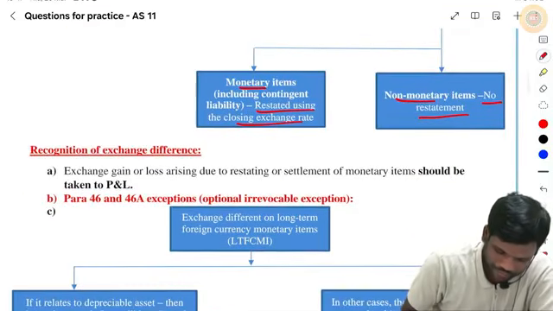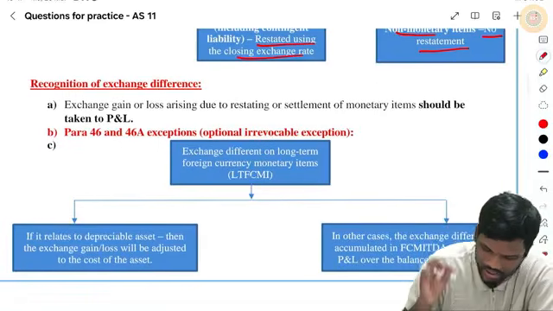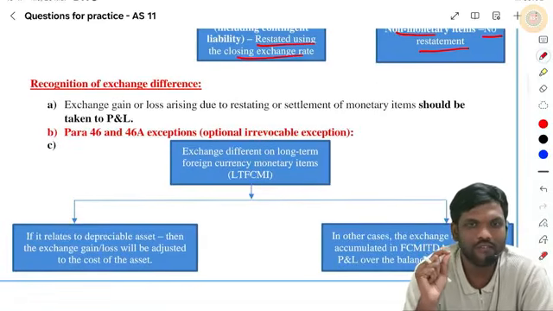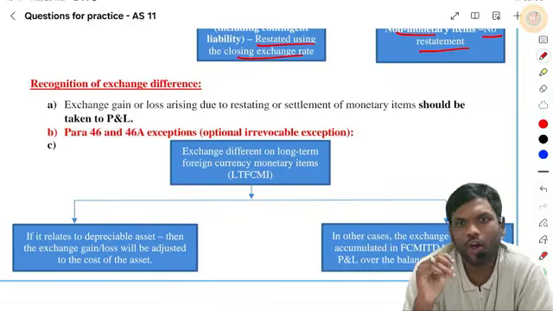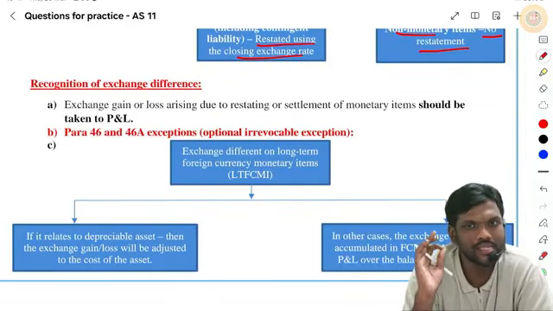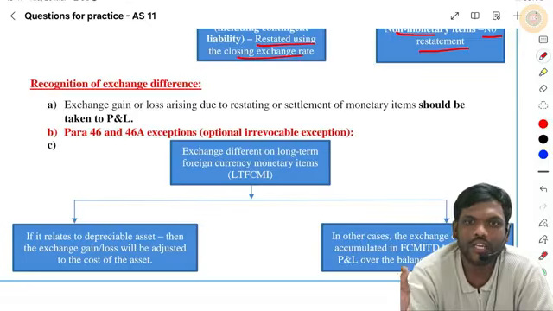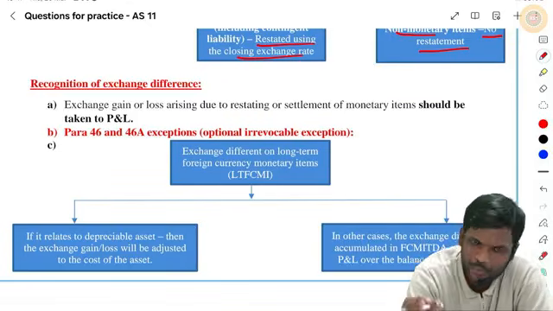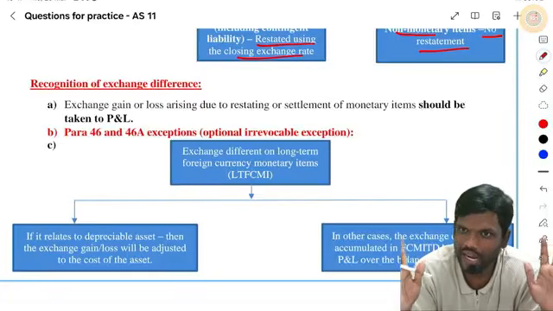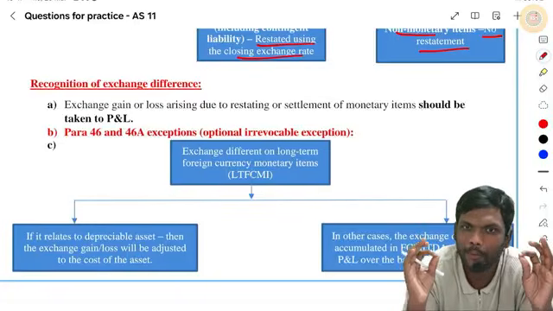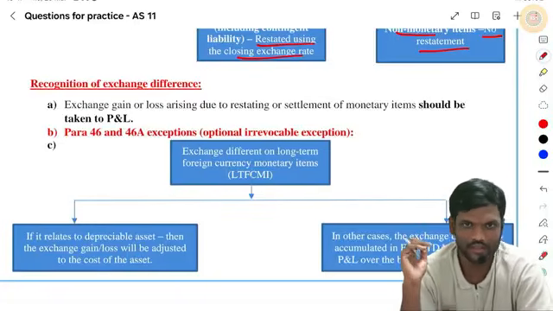Okay. Now, the last topic in the first section, which is on para 46A. Now, the default option in AS11 is any foreign exchange gain or loss should be taken to P&L. Be it gain or loss, everything should be taken to P&L. That is the default provision given in AS11.